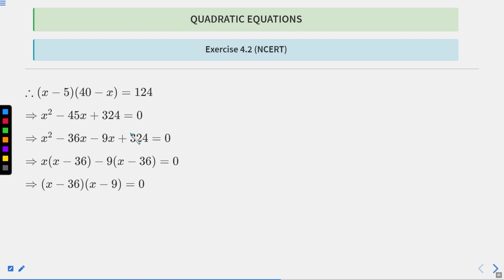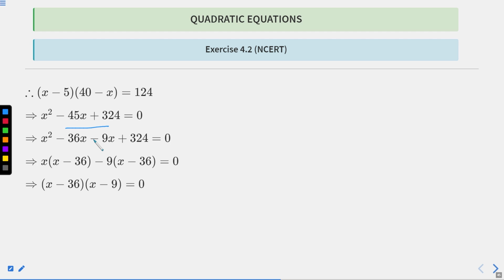Now if we simplify it, then it implies x square minus 45x plus 324 is equal to 0. So now we can use the factorization method for solving this equation. We can factorize by splitting the middle term.